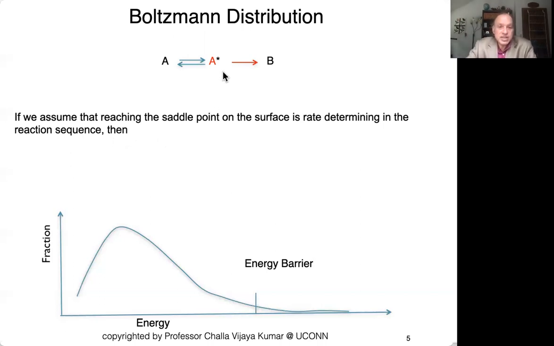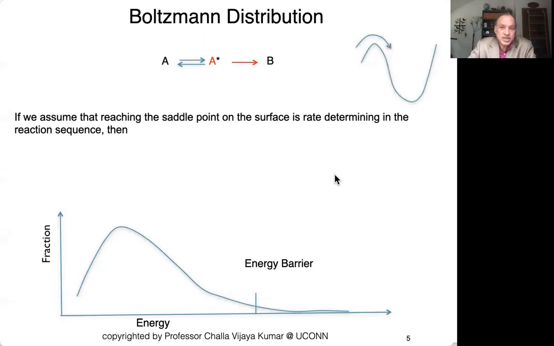Except under those conditions, the saddle point is the one that controls the rate of the reaction. Passing over the saddle point is the rate determining step in the sequence of events, which we call mechanism, the sequence of events that lead reactant to the product.